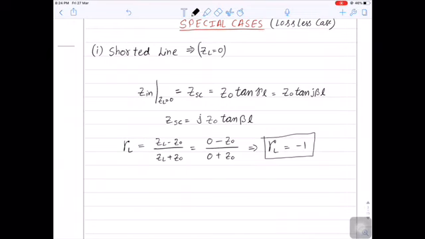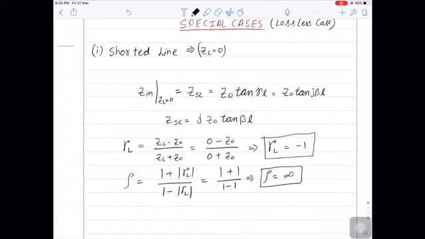Upon substituting this reflection coefficient value in voltage standing wave ratio, rho equal to 1 plus mod gamma L by 1 minus mod gamma L, which equal to 1 plus 1 by 1 minus 1, that implies voltage standing wave ratio is equal to 1 by 0, that is infinity.